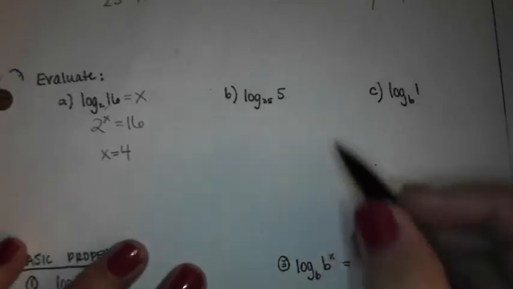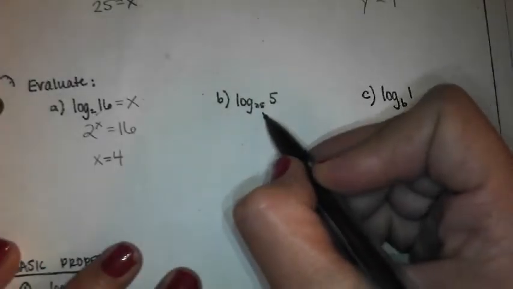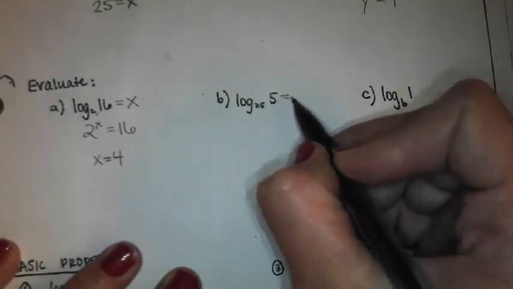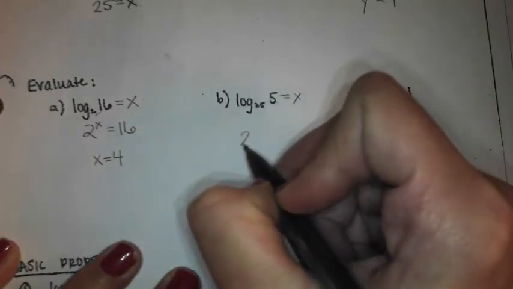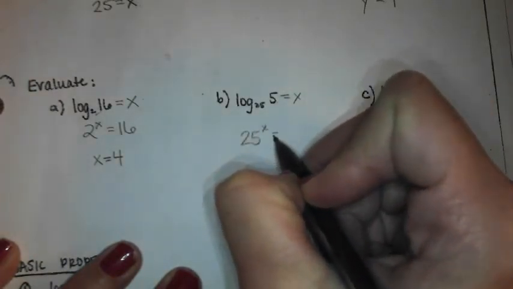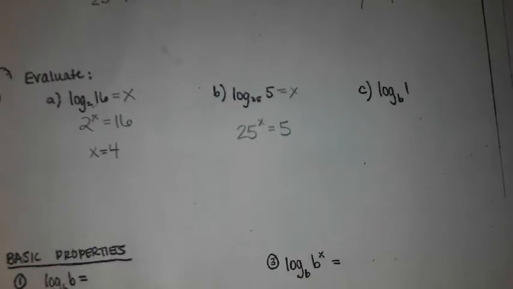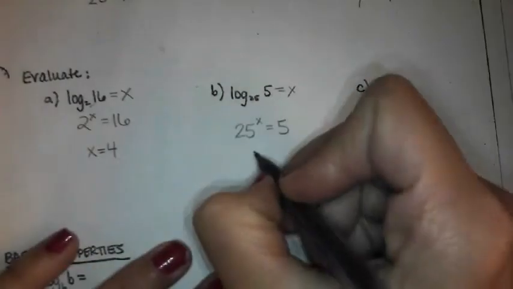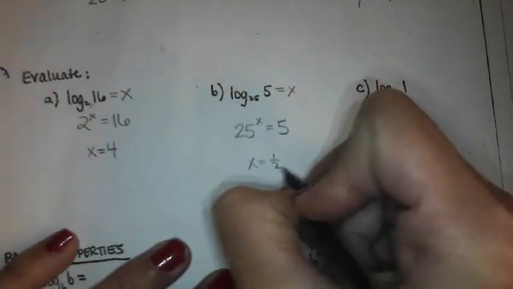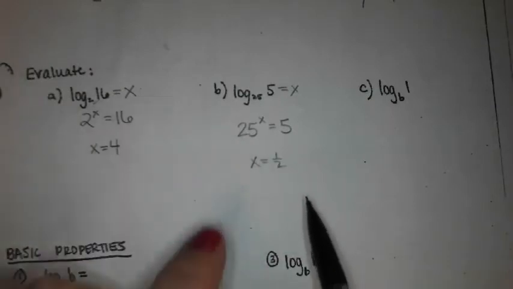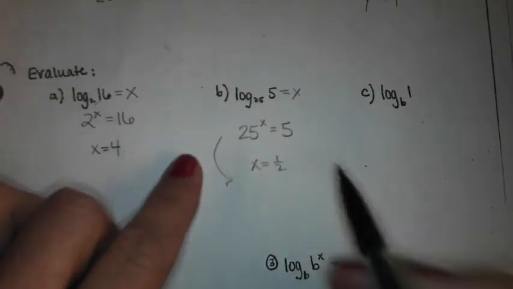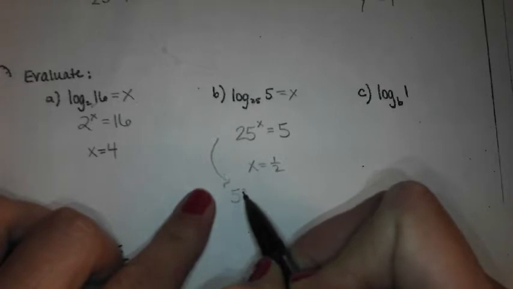okay. On the next one, if I set this equal to x, that's a 25. So 25 to the what power equals 5. If you didn't know these by heart, you could use exponent rules to help you, right? 25 is the same as 5 squared, agreed?